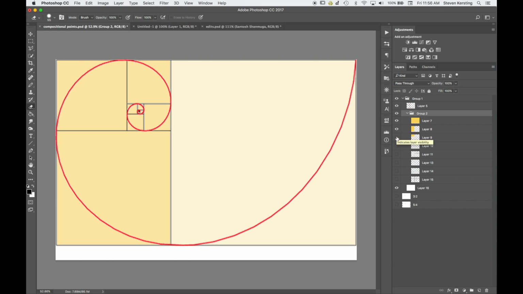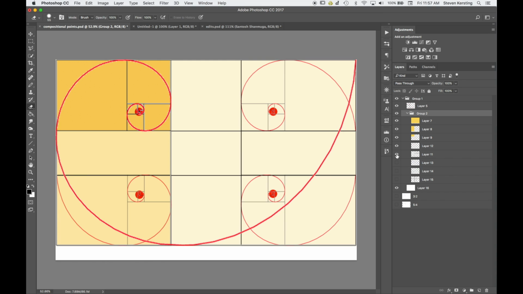You continue doing that, so on and so forth, until it resolves at a point of focus. And then if we do that from all four corners, we wind up with these 4 points of impact and a different flow for each spiral.